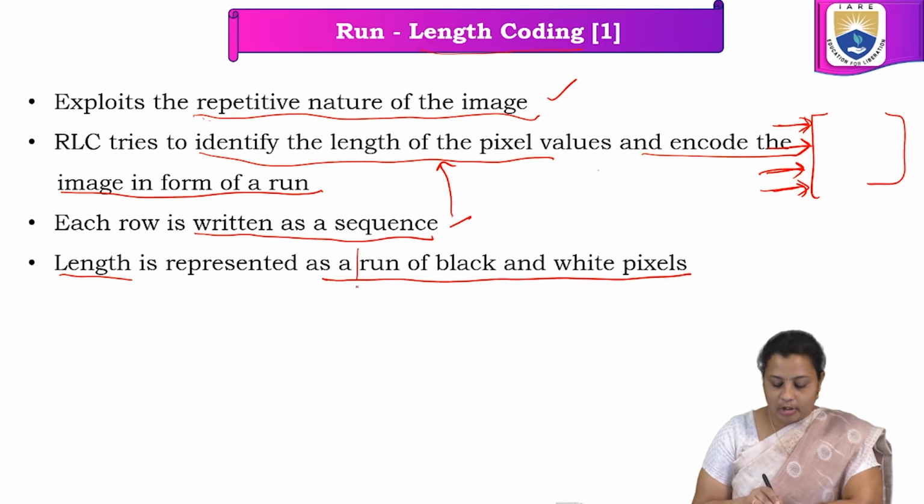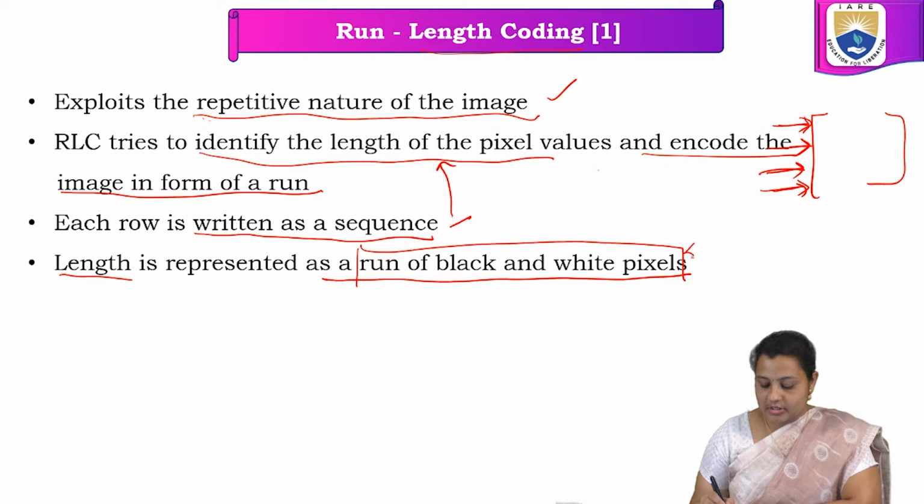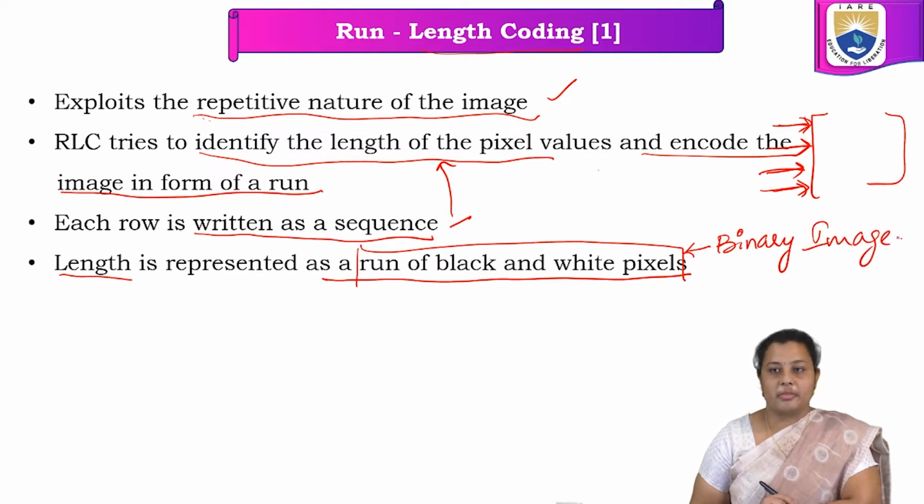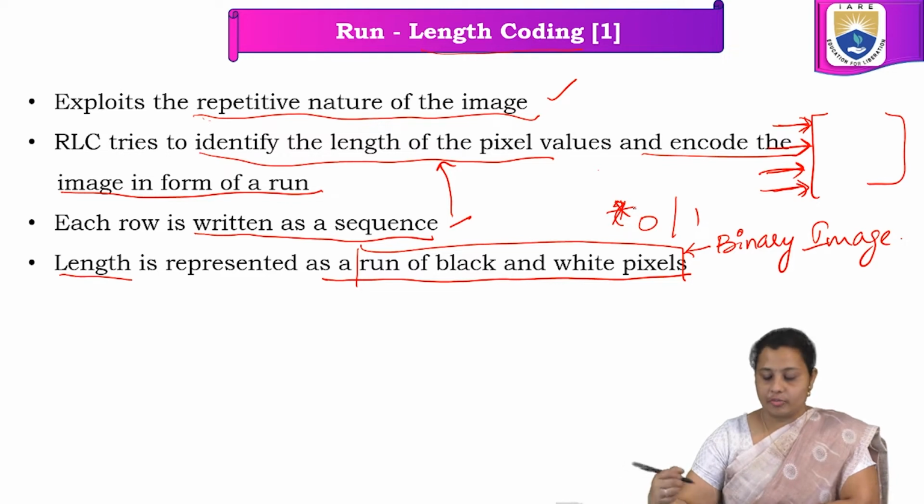So it is more advantageous for binary images. Since binary images have 0 or 1, RLC coding can be used for binary images.